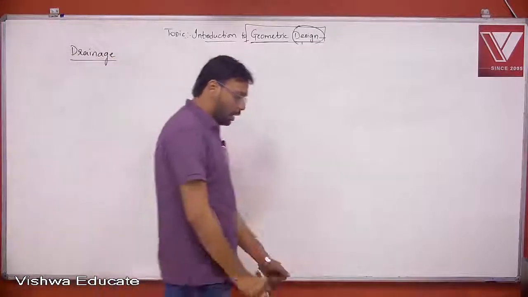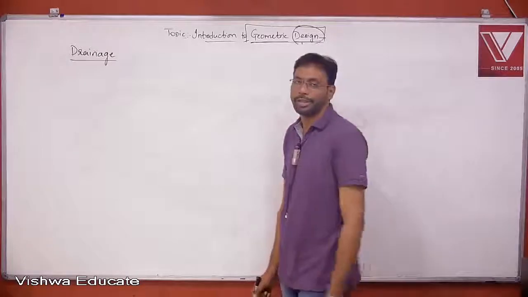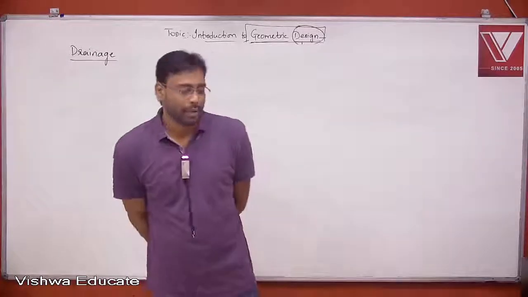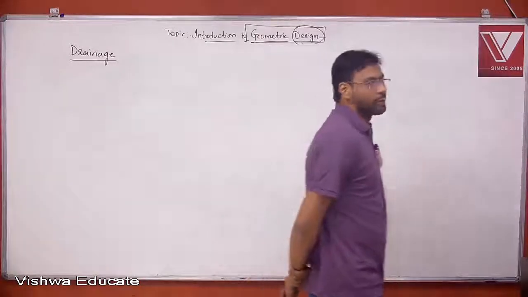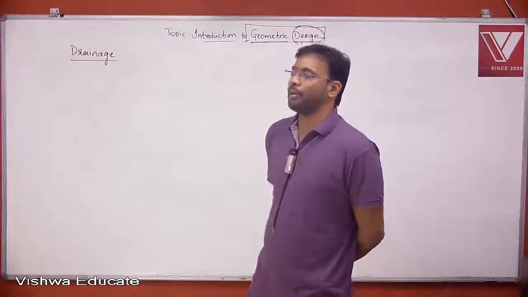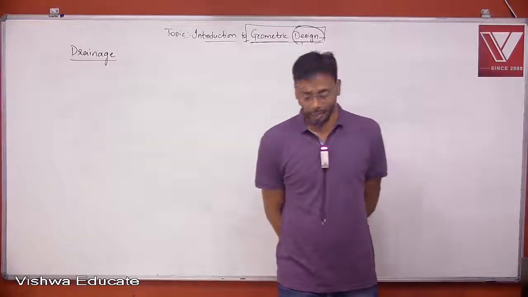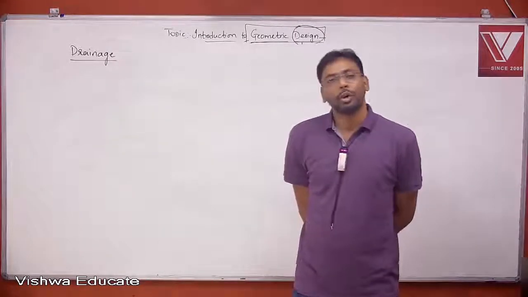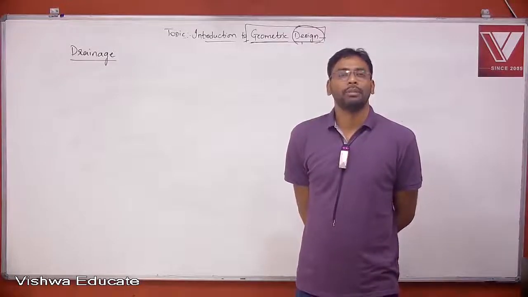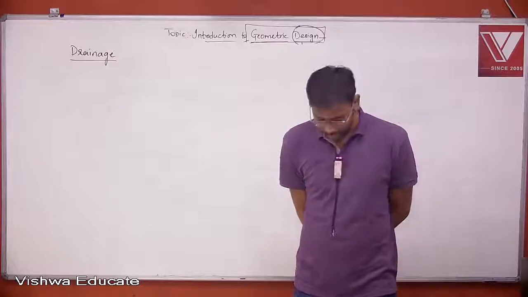Drainage. So I hope everybody has seen this movie called Bahubali, right? Prabhas is the hero and Rana is the villain, right? And Prabhas is named Bahubali and Rana is called Ballala Deva, right? And what is the relation between Bahubali and Ballala Deva? Yeah, brothers, and they are enemies, right?